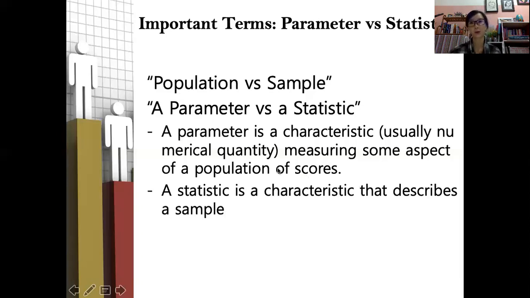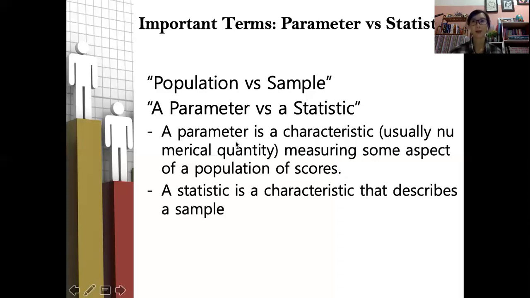So if you use formula or calculation to measure some aspects of the population, you call it a parameter. Yeah. For example, you calculate mean score or you calculate average score for a population. That average score is called a parameter.